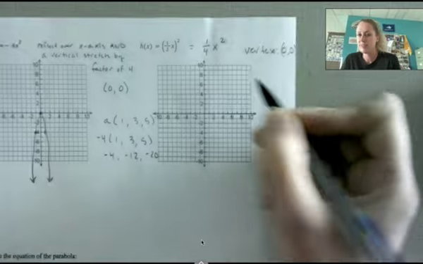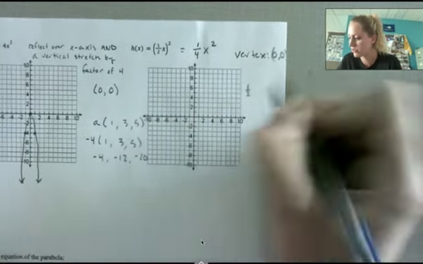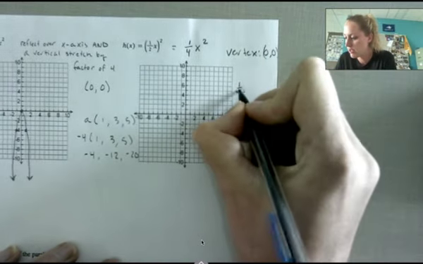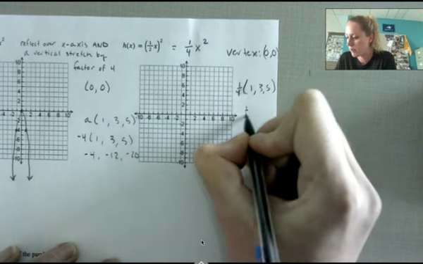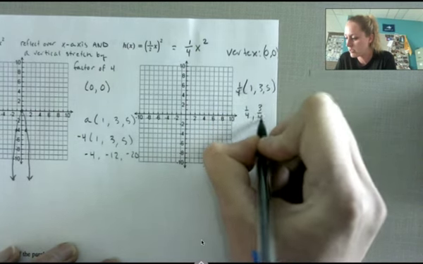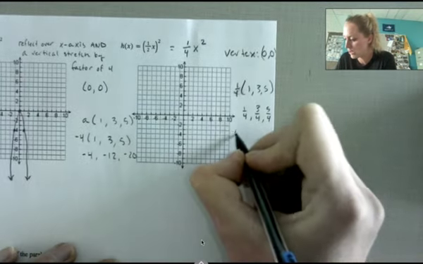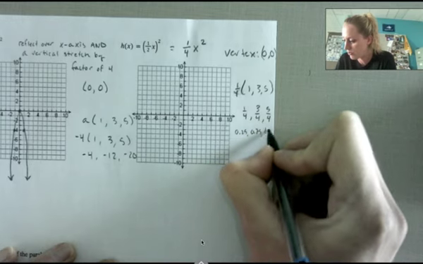Okay. And then this one has a stretch factor of 1/4. So, 1/4, not 1/2. So I'm going to take 1/4 and multiply by 1, 3, 5. So I'm going to get 1/4, 3/4, and 5/4. And if it's helpful as decimals, right, 0.25, 0.75, and 1.25.